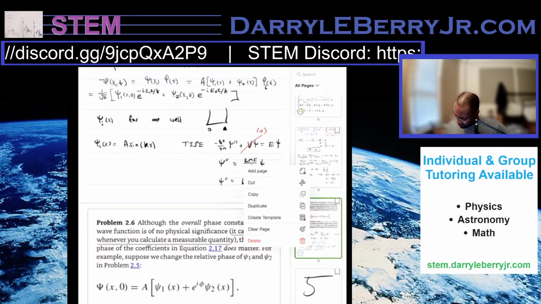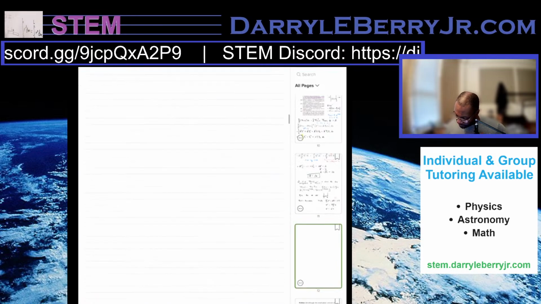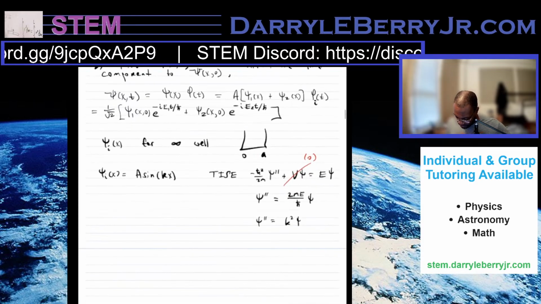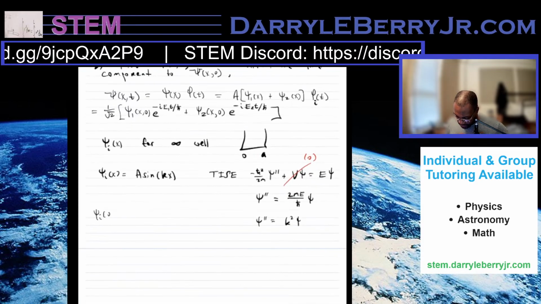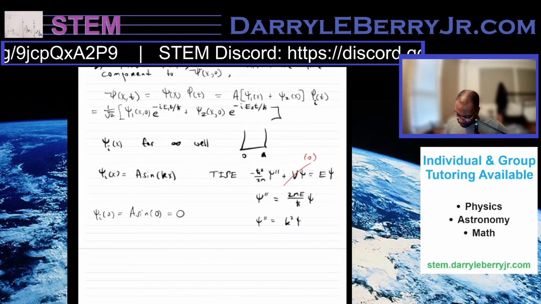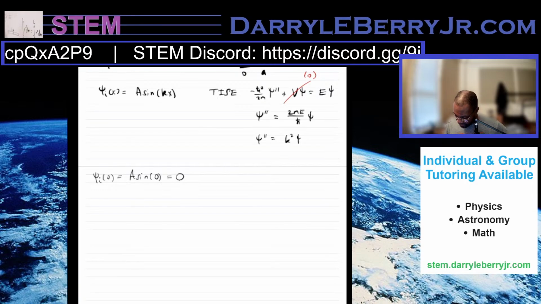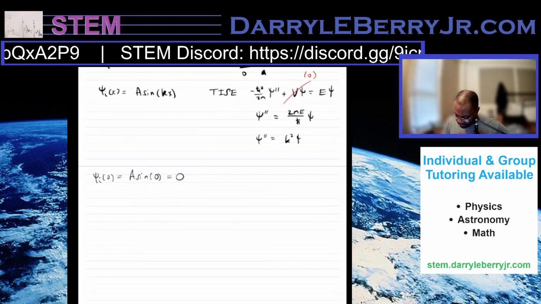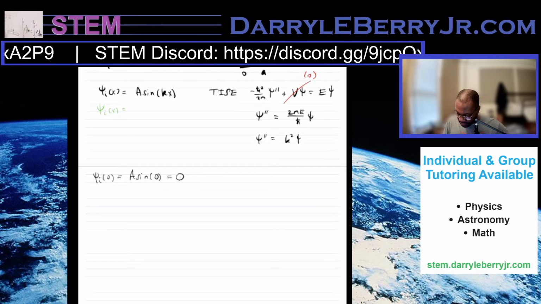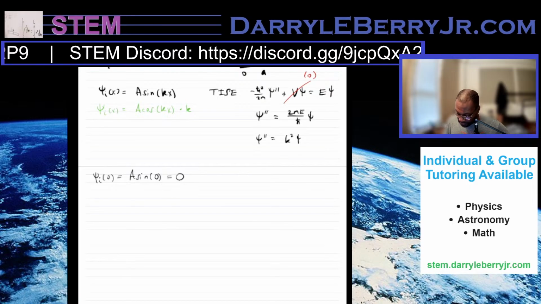And the fact that it's sine covers psi of 0 equals A sine 0 equals 0. So now to show that, because my sine is going to output this, we have psi prime of x is going to be A cosine kx times k.